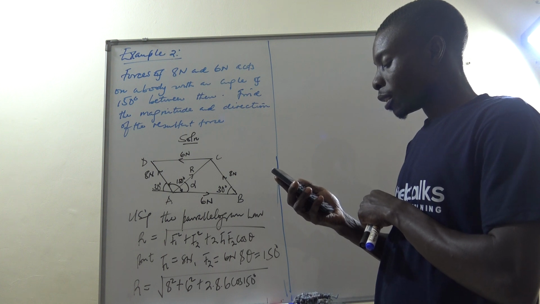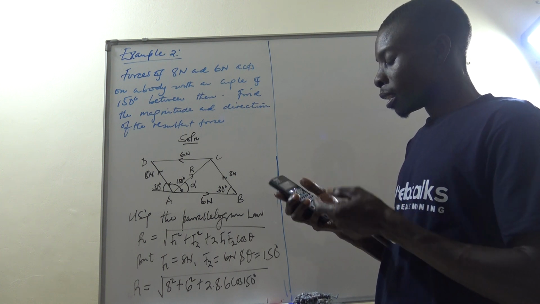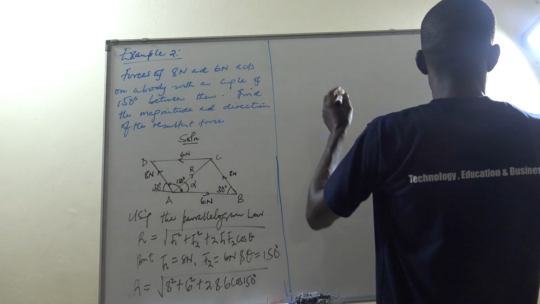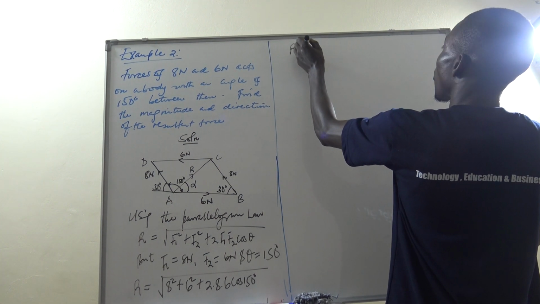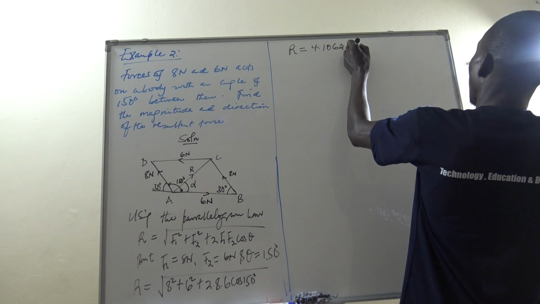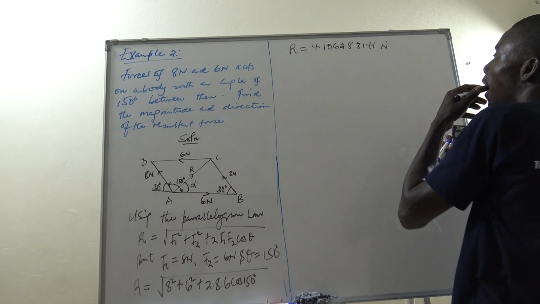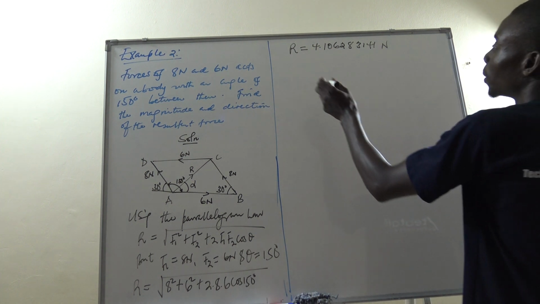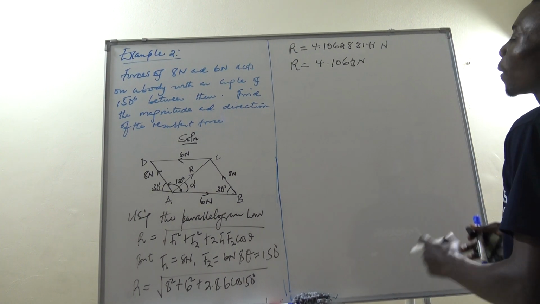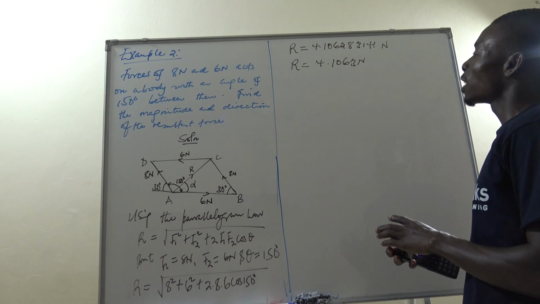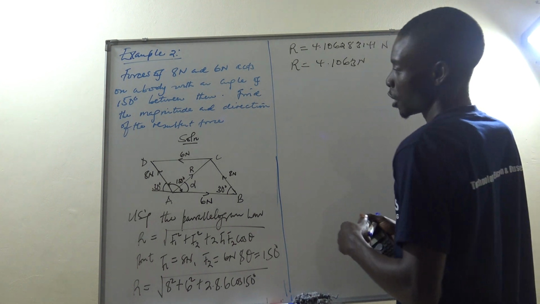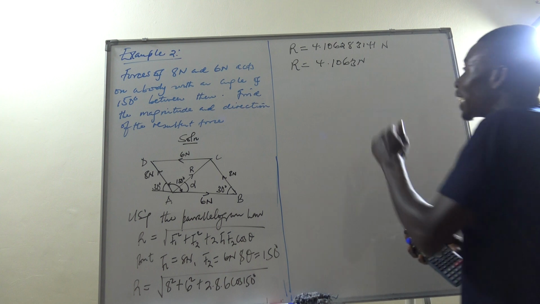So root of the answer gives me 4.1063. We can round off to 4 decimal places, because we first write whatever the calculator gives us, and then finally bring it to the order of our accuracy. So that is the resultant of the forces.